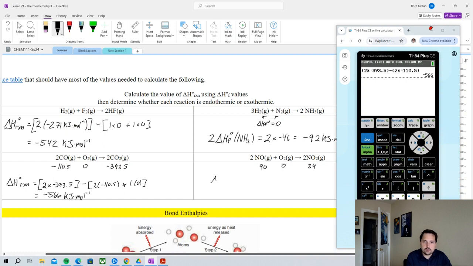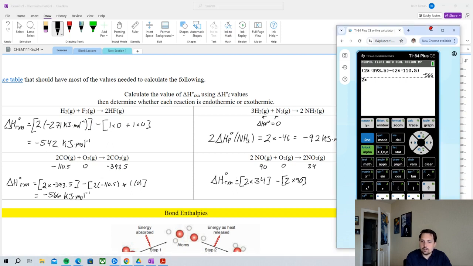And then the other one, not formation. So you can see that this is a fairly quick way of calculating these, and doesn't require all that much effort.